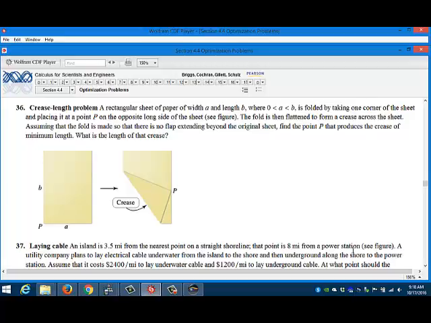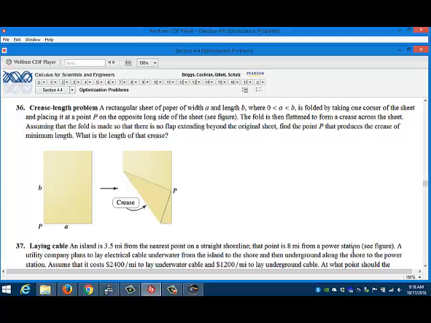The constraint is that the point P has to be on the opposite side. All right, so this is a little bit interesting, I think. I'm going to draw the same picture they have as best I can. A, B, here's point P. And then we put point P somewhere on the opposite side.